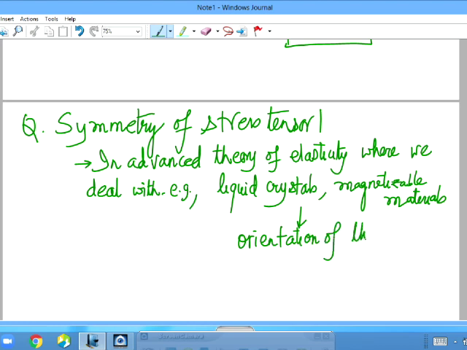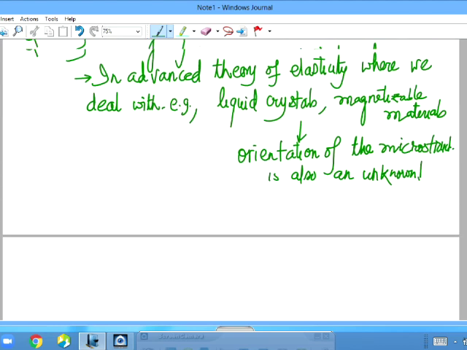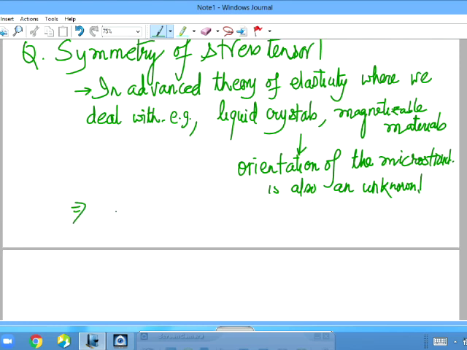The orientation of the microstructure, which is the magnetic dipole in the case of magnetizable material, is also an unknown. And there we also have body couple.